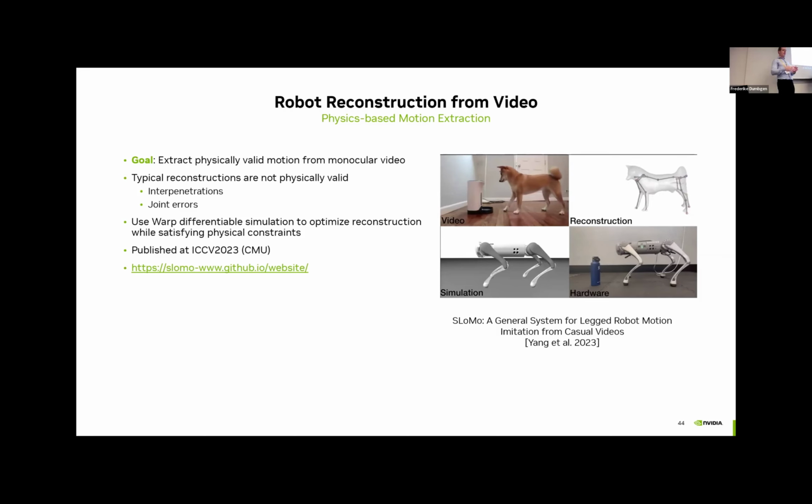And then they use Warp to take these reconstructed motions of the articulation and make them physically plausible, so that there are no interpenetrations with the ground and that the joint constraints are also maintained. So that's a nice example where a differentiable simulator is inside this deep learning based network, and where also you need these gradients to infer these behaviors.